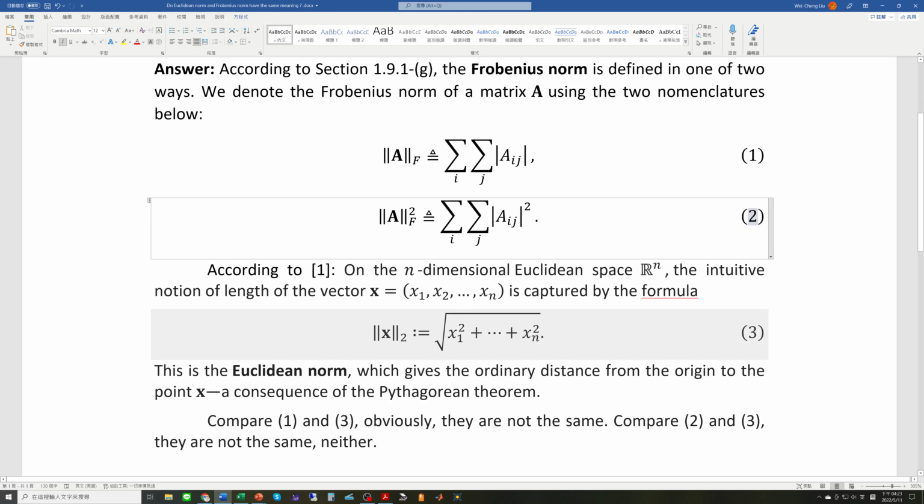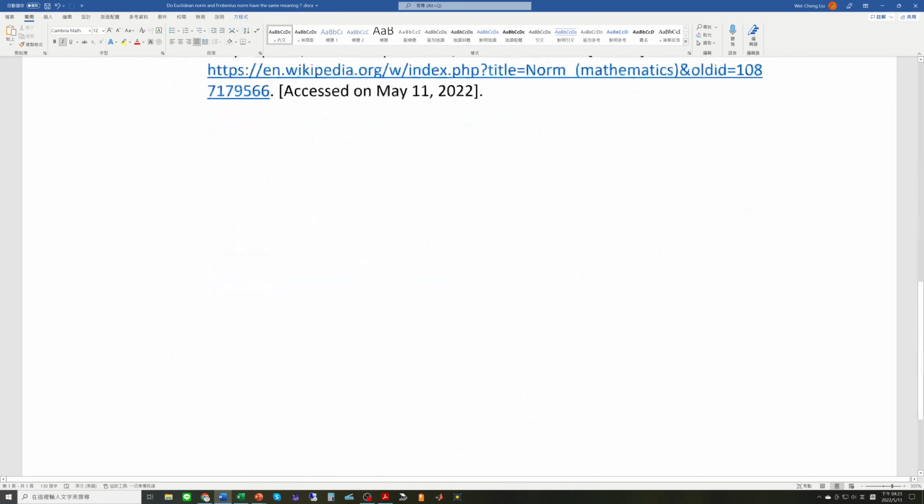And in equation 3, the Euclidean norm is defined on a vector x, and x needs to be a real vector. It cannot be complex. So after comparing equation 2 and 3, we find that the Frobenius norm and the Euclidean norm are not the same. This is my answer.